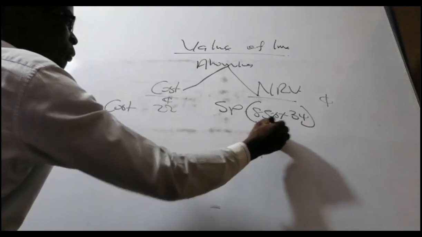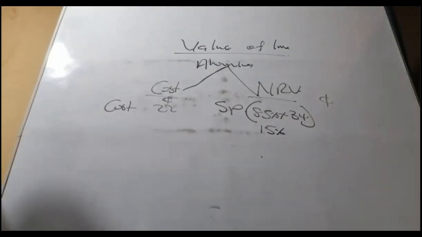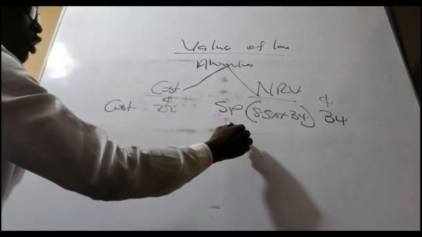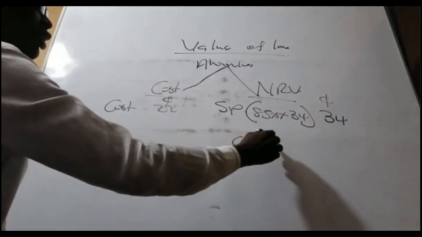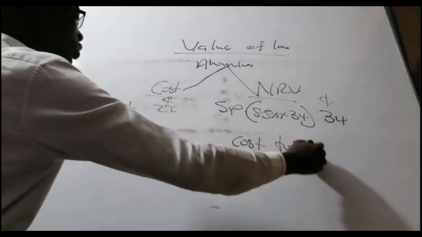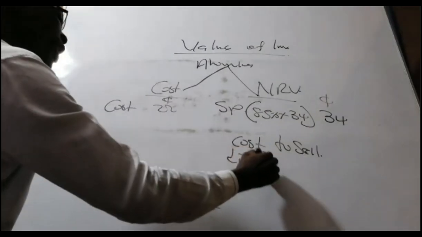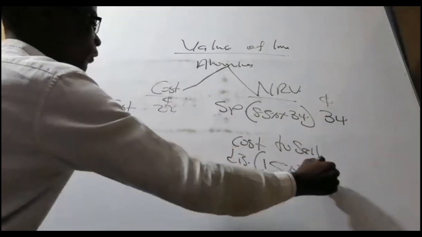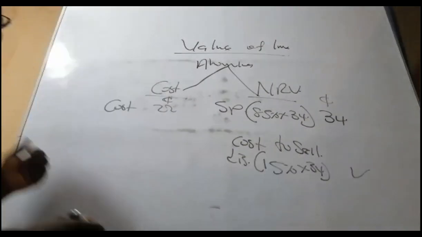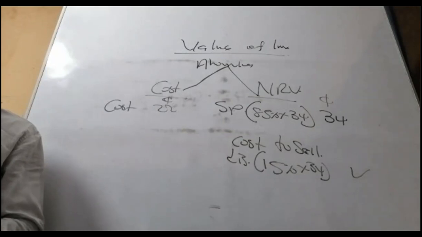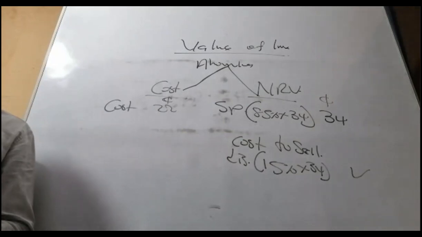If you don't want trouble, you can still maintain the selling price at 34, and when you are calculating the cost to sell, discount is one of them. So you say discount, open a bracket and say 15% of the 34. It's also acceptable. Select the one that you want and you'll be fine.